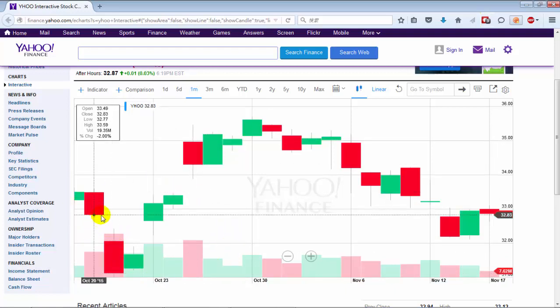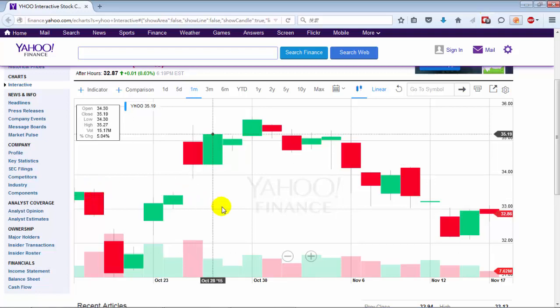It doesn't matter whether the candlestick is below or above the previous day, it's still a gap. So we differentiate these two gaps by calling them either an up gap, in which the candlestick of today is higher than that of the previous day, or a down gap, in which the candlestick of today is lower than that of the previous day.